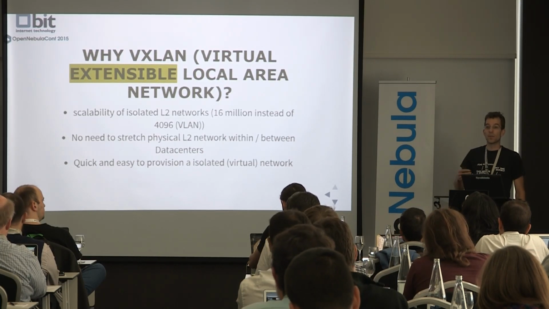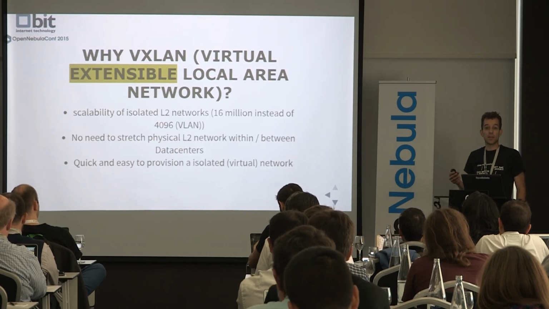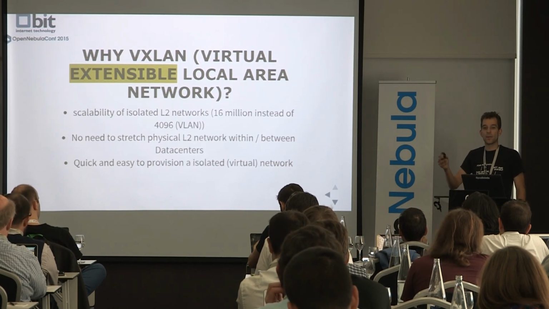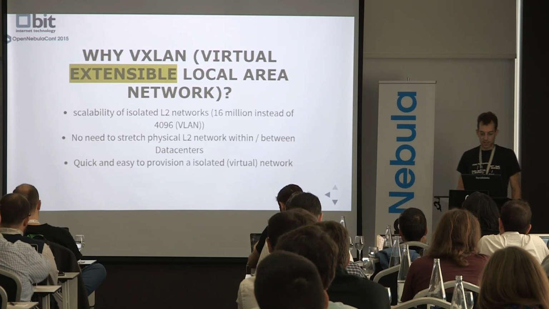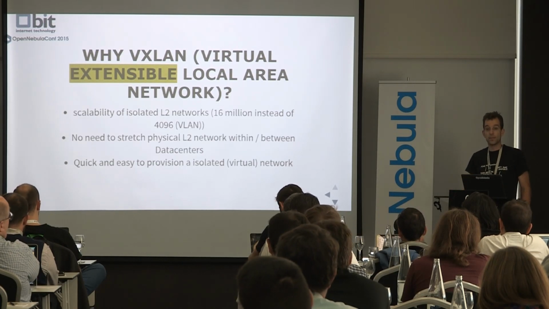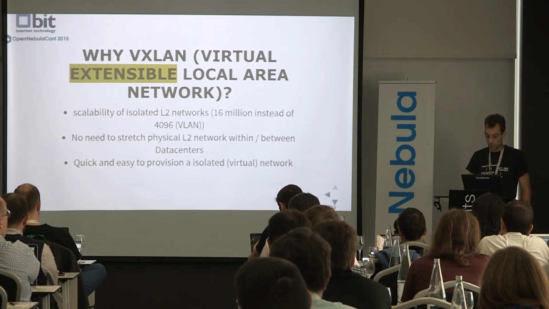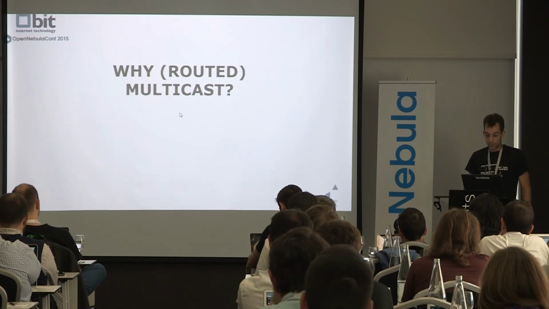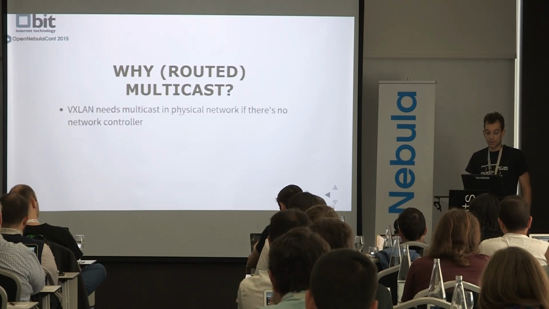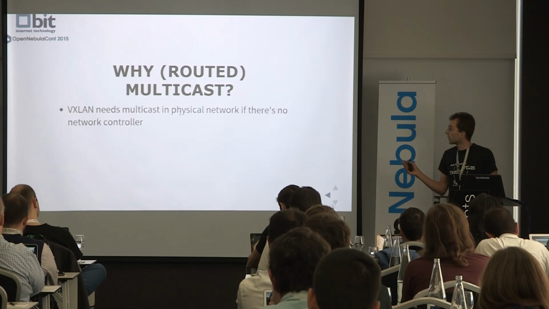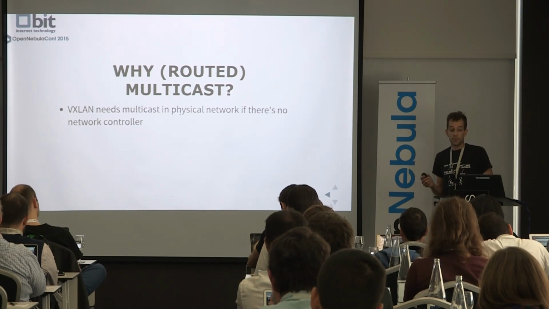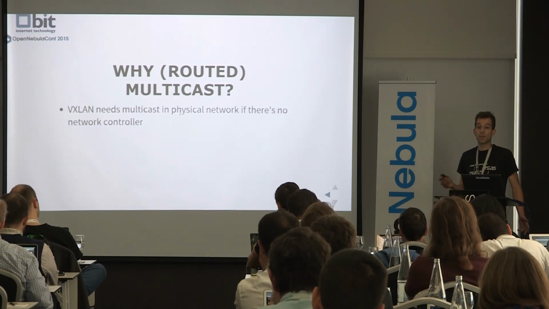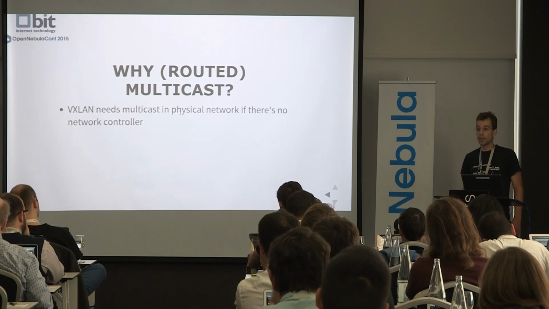If I want a virtual network, I first have to ask network engineers to provision the VLAN on all the switches, routers and hypervisors. Now I can avoid that and provision it from OpenNebula. So why routed multicast? Well, if you don't have a network controller, you need multicast. Otherwise, VXLAN doesn't work. It's based on multicast.